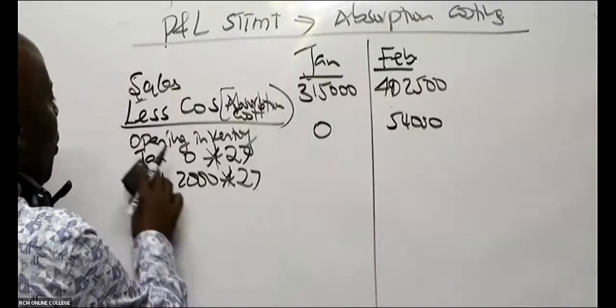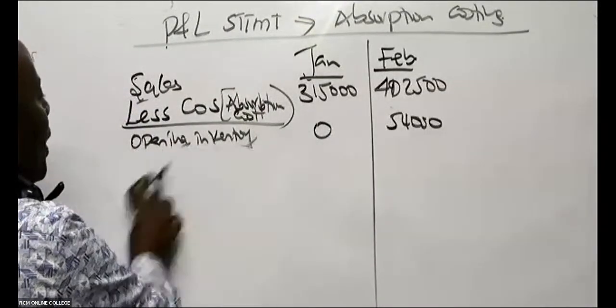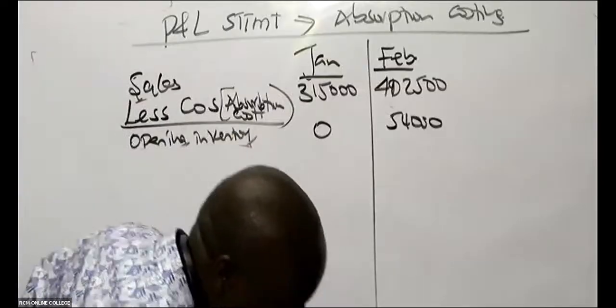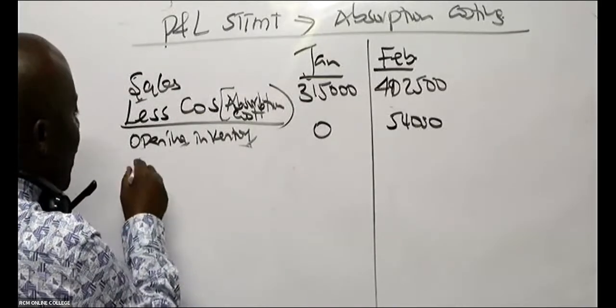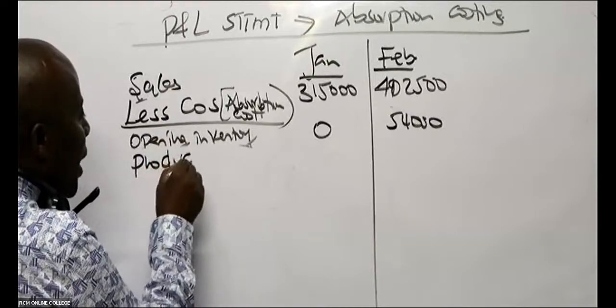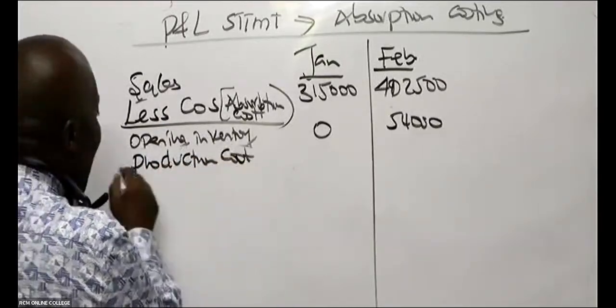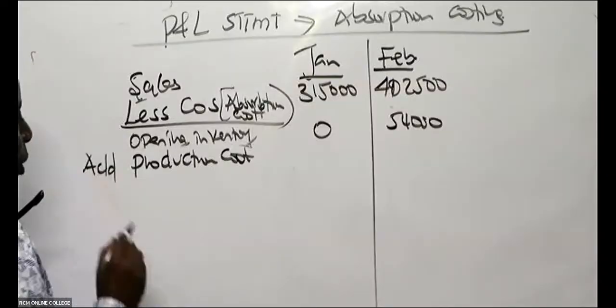Now, ladies and gentlemen, after opening inventory you go straight to the next one, which is production. So you add production cost.